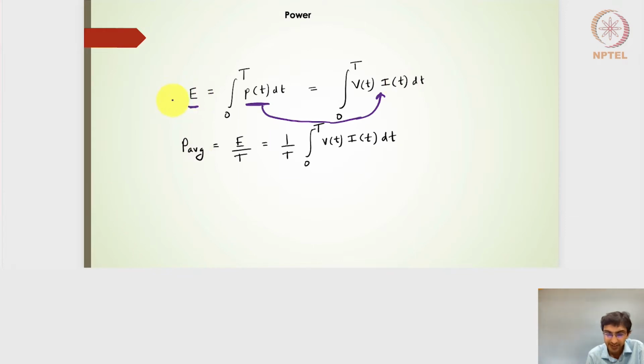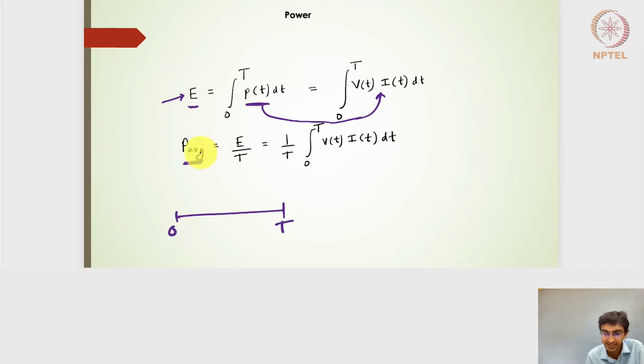If this is the energy that has been estimated for the circuit that we have designed over a time duration of t, then I can also estimate the overall average power for the duration 0 to t. The average power is nothing but the energy divided by the time duration t.